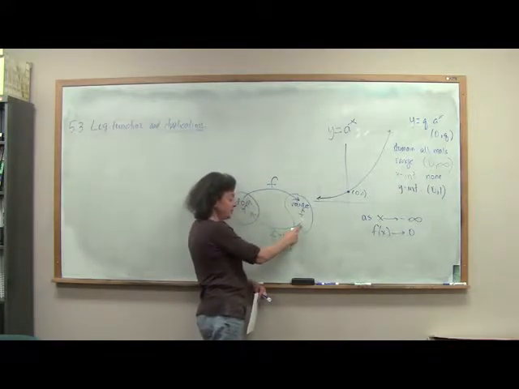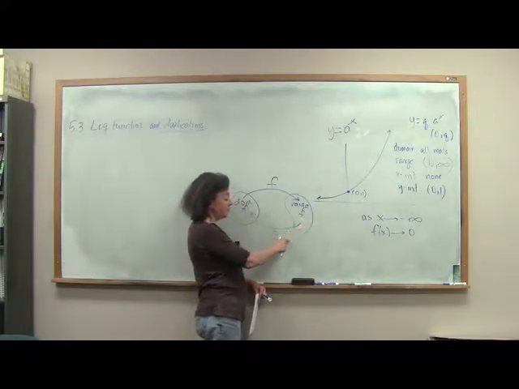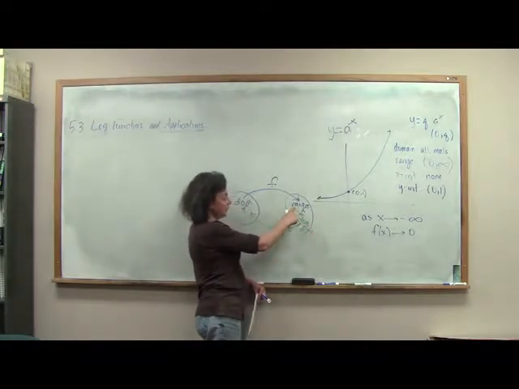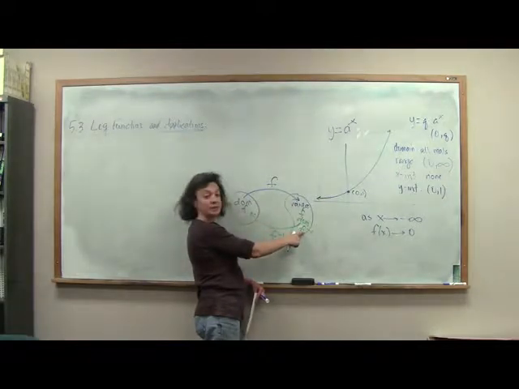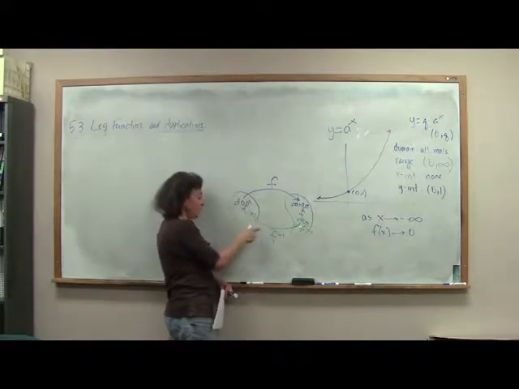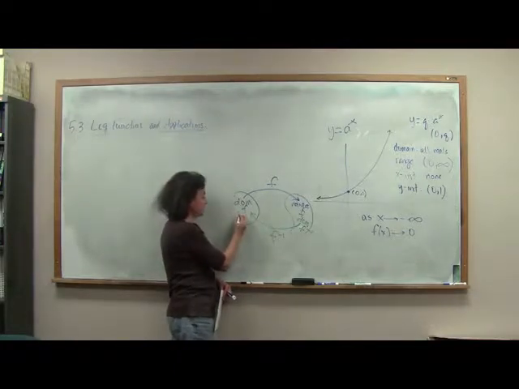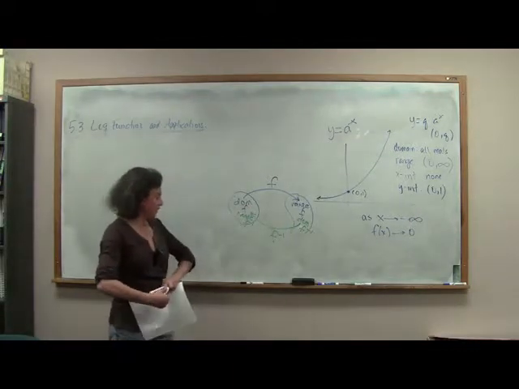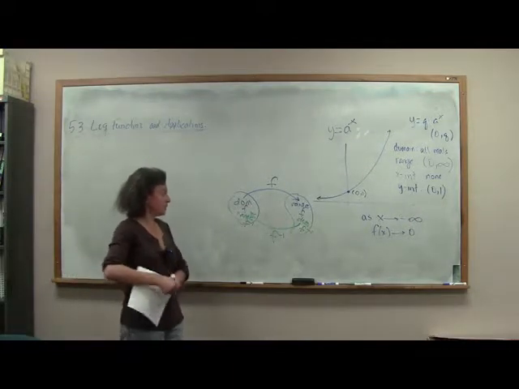But notice these are precisely the inputs for my inverse function. In other words, the range of our function, the outputs of our function, are precisely the inputs of our inverse. And in a similar manner, these are the outputs of my inverse. So the domain of my function is precisely the range of my inverse.